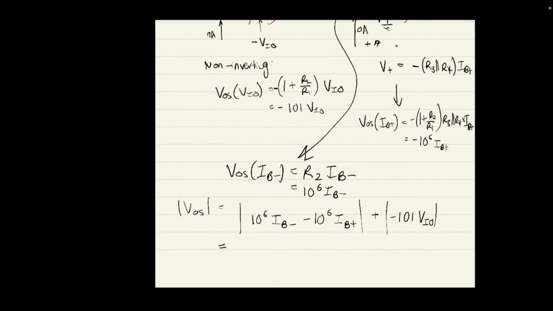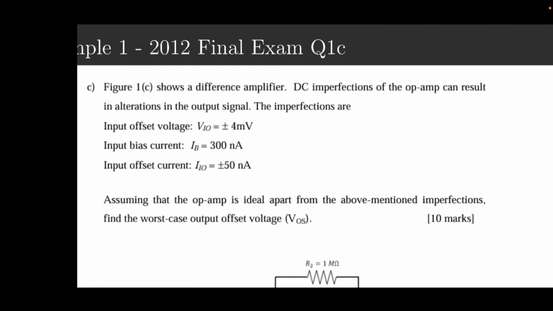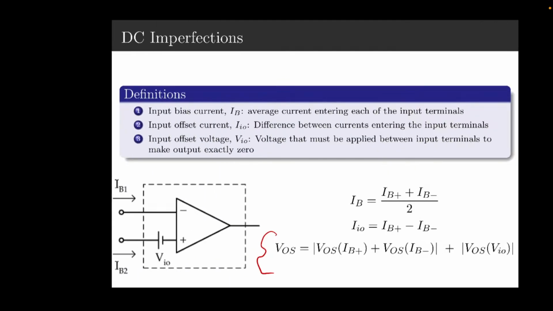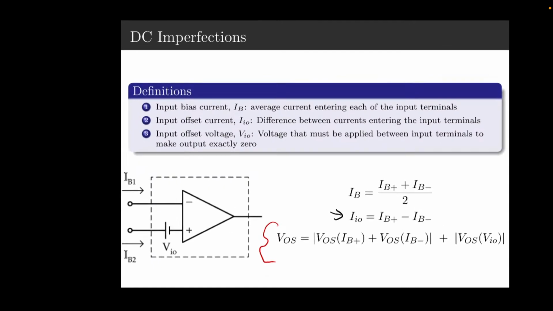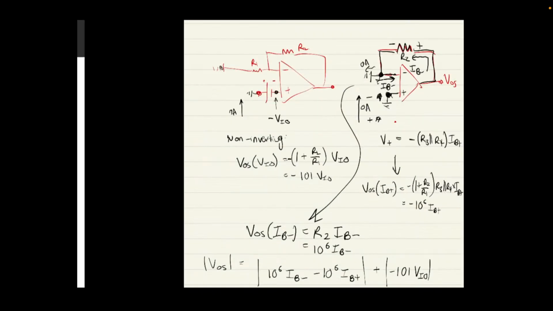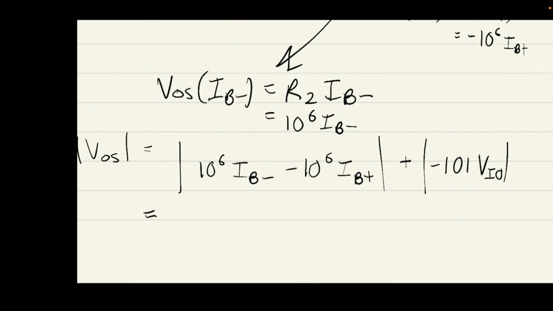So now looking at the values that I'm given, I'm not actually given IB plus and IB minus in this situation. So I'm going to have to use the IB and the I0 to get my values. If we look at the equations that we have, we know that the input offset current is just going to be IB plus minus IB minus. So we can actually use that to simplify this equation.